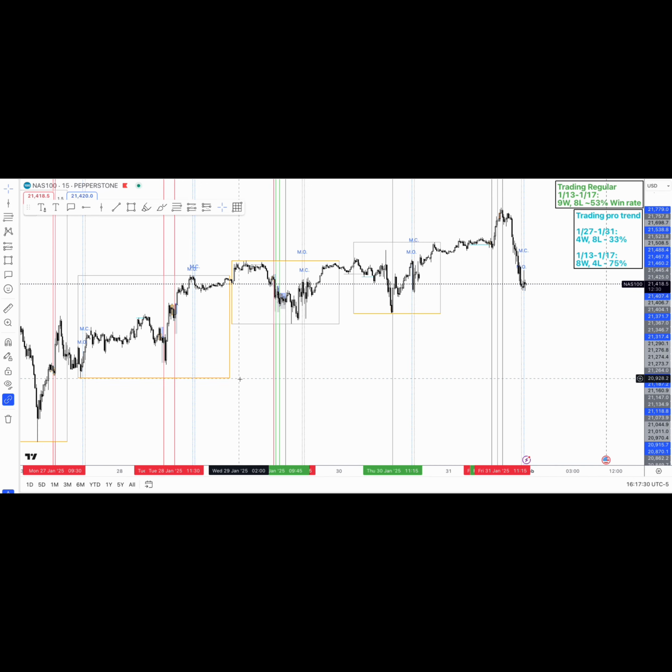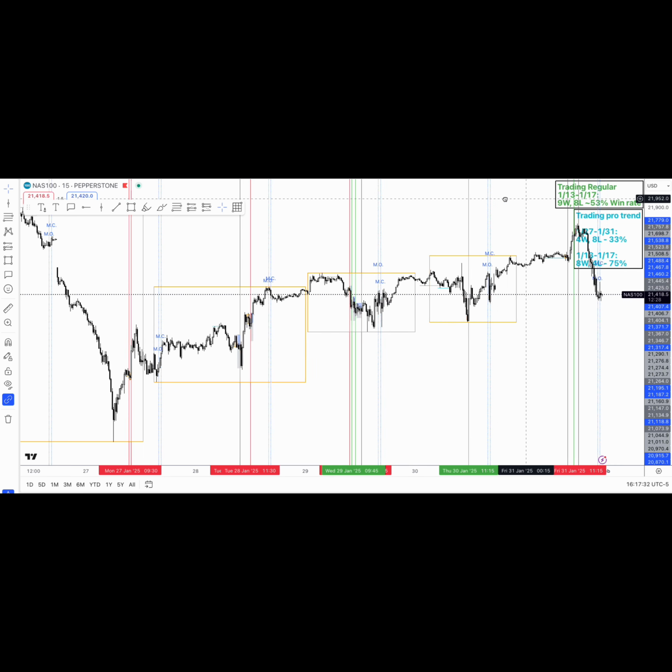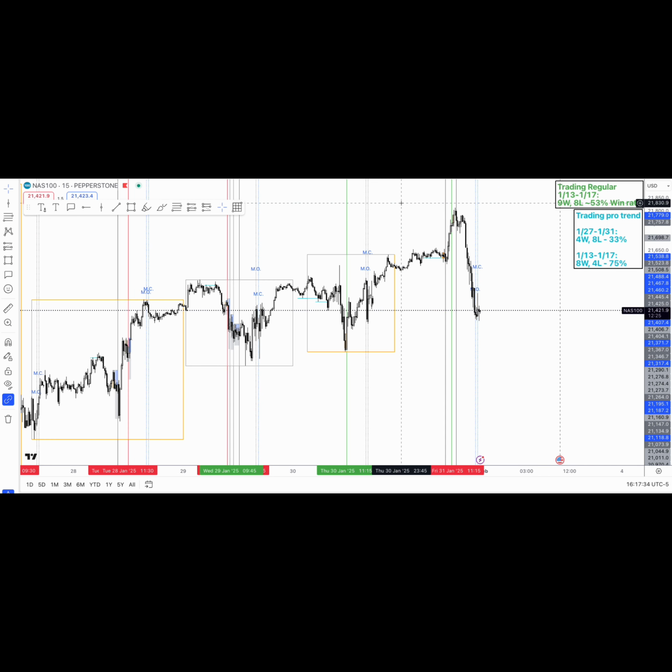Yeah, so 4 wins here, 8 losses. 4 times 2.2, you get 8.8, and obviously you minus 1% for each loss, so minus 8. Of course, you have fees and swaps, so factor that in. It's pretty much a break-even week, we'll say a 0.8% gain before fees and swaps, which is not the worst thing. Of course, it sucks that it's not really profit, so it's still just a break-even week.